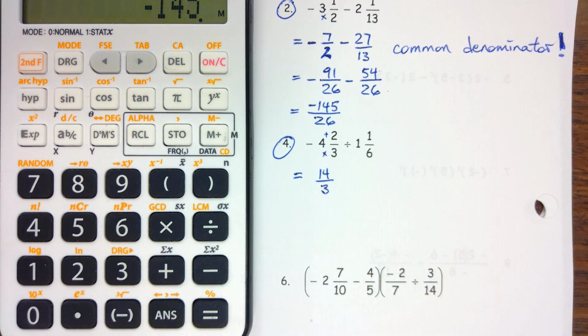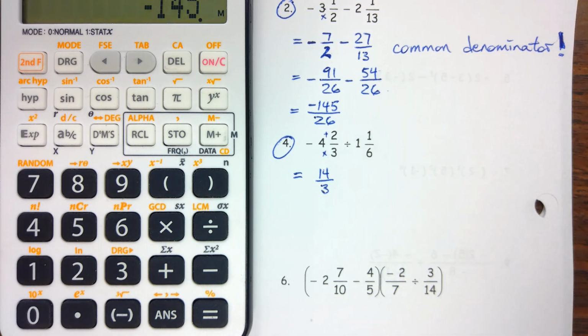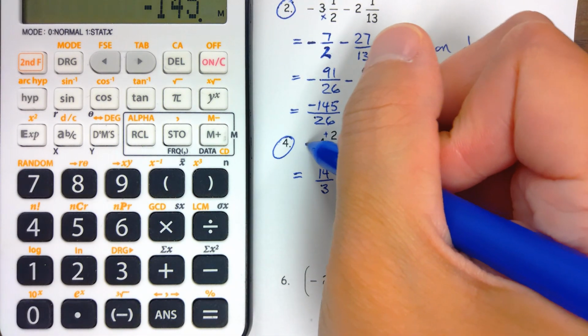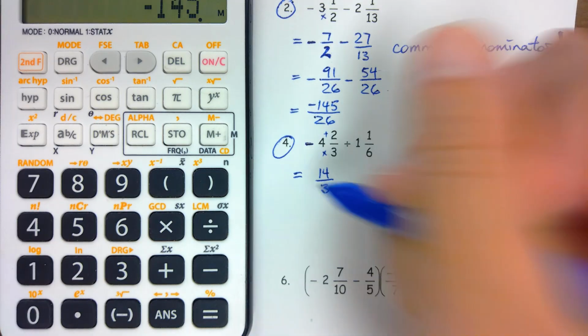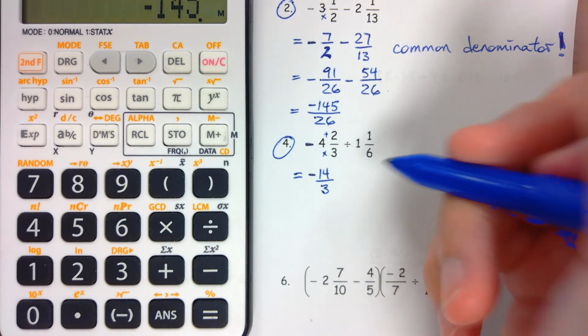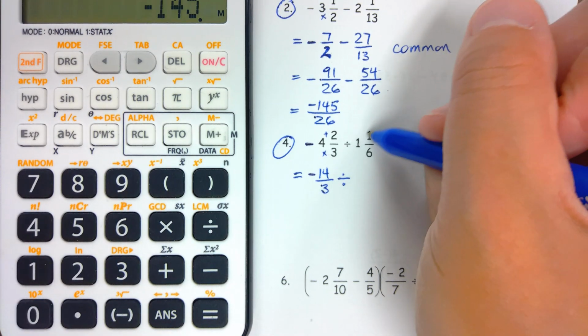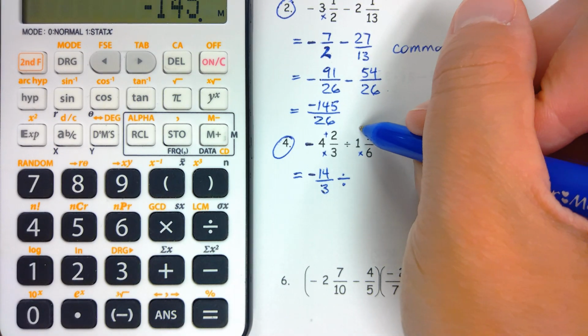Right, negative. See, I told you. You guys like leaving out the negative sign. It didn't go away. It's right here. So negative. Don't forget to carry it down. Common silly mistakes that people always do. Right? Divided by. Alright. Same idea right here.